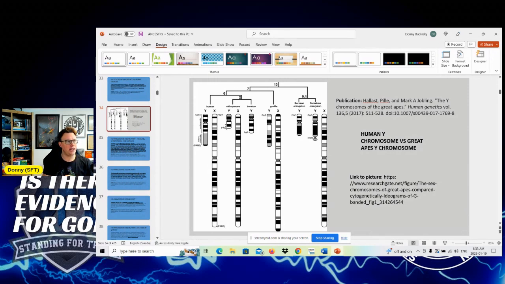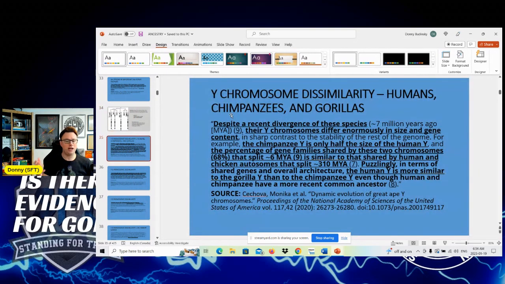And there's a break or an inconsistency in the hierarchy. What I mean by that is your human Y and your gorilla Y are more similar to each other in overall gene content, architecture, and size differences than the human is to the chimpanzee or the gorilla is to the chimpanzee. That has been pointed out in these papers, that it is very puzzling.